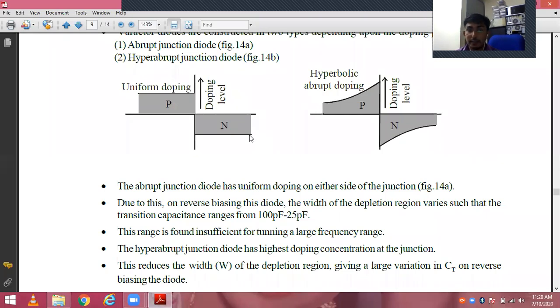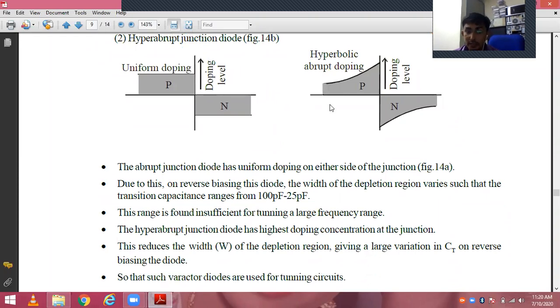Whereas on the right side, the hyper abrupt junction diode has the highest doping level at the junction, and as it goes away from the junction, the doping decreases. Because of the larger doping at the junction, this reduces the width of the depletion layer.